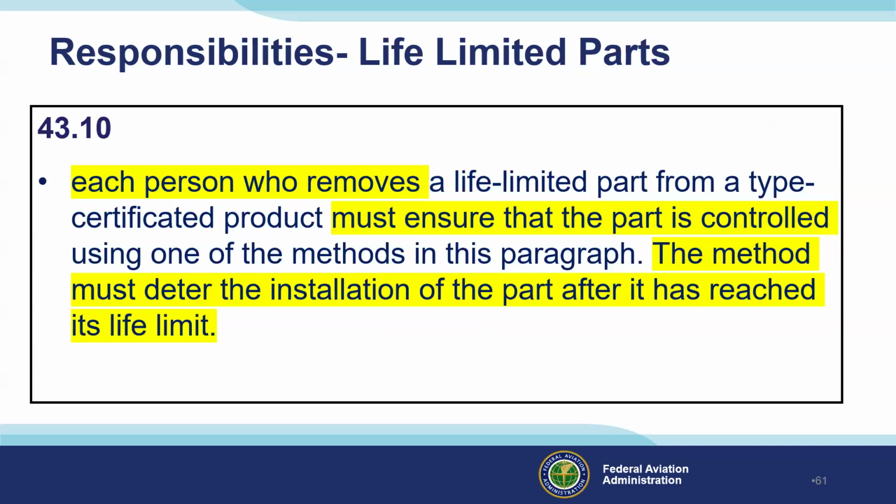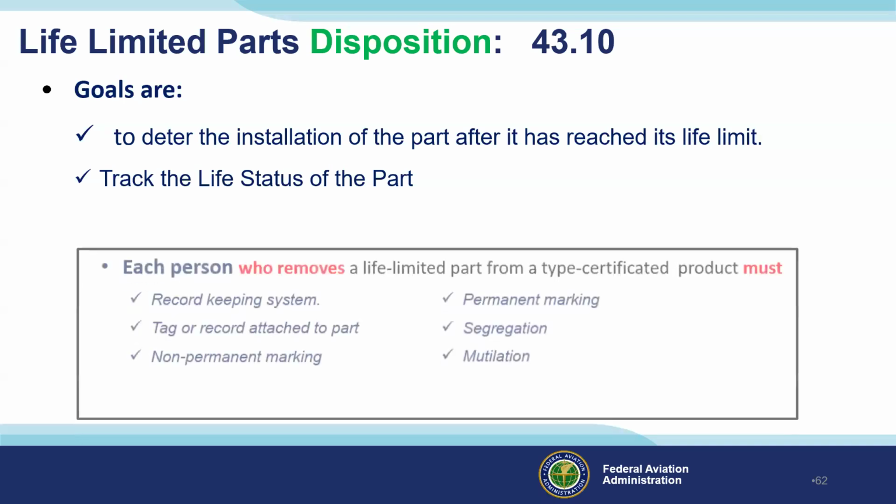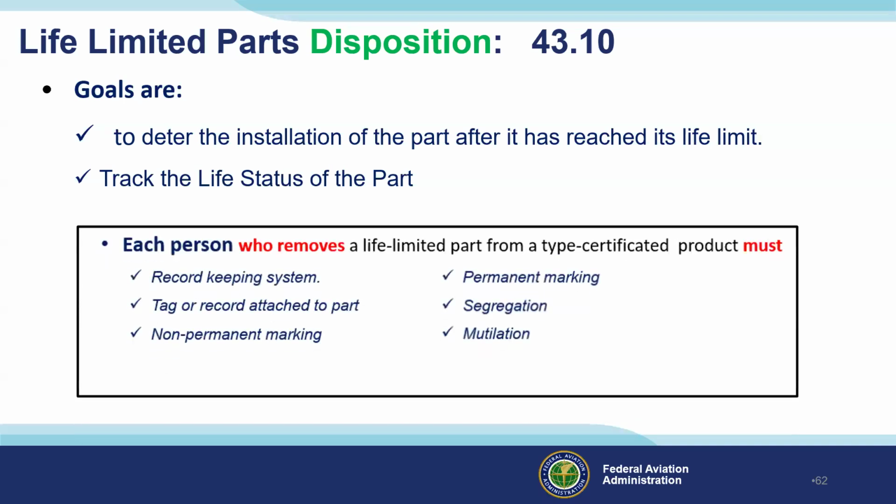Now, people who remove life-limited parts are required under 43.10 to comply with this. They have to ensure the part is controlled, and the method must deter the installation of the part after it's reached its life limit. And the goal is you don't want the part being installed once it's timed out, and it's to track the life status of the part while it's within its service life.